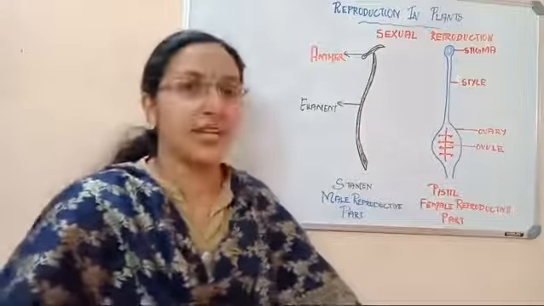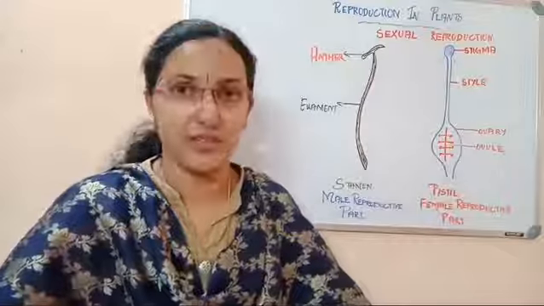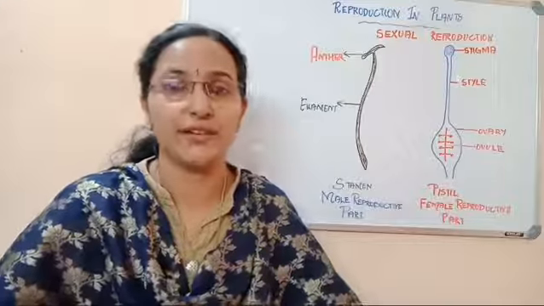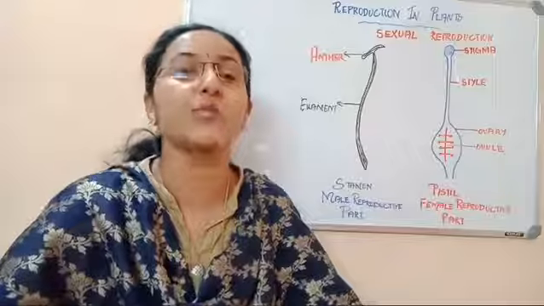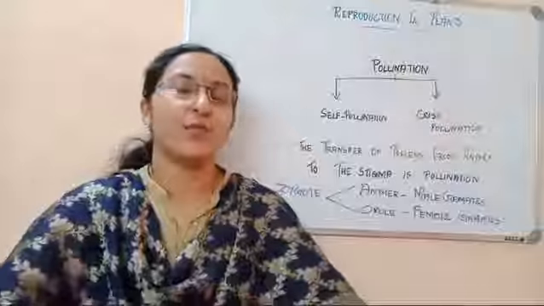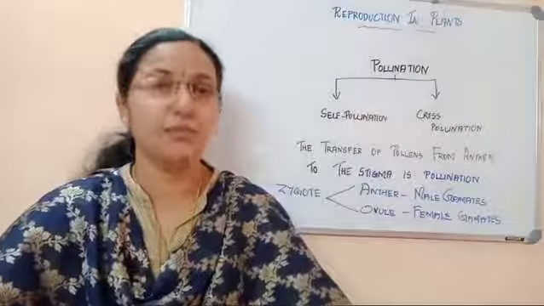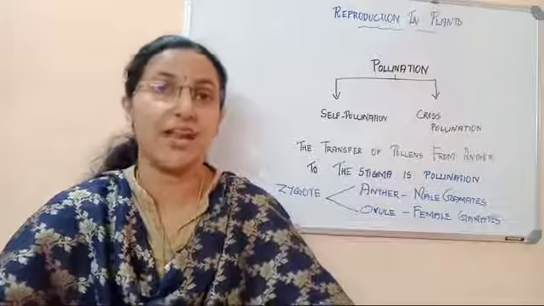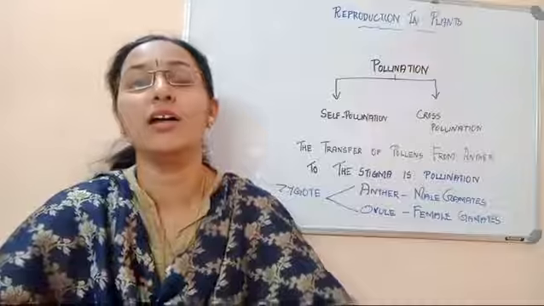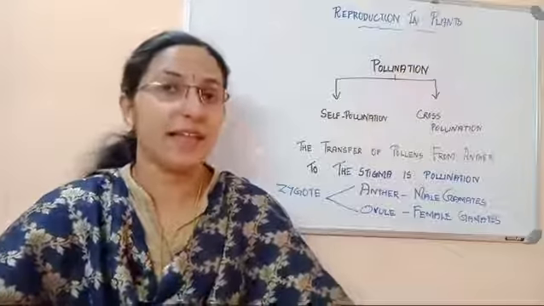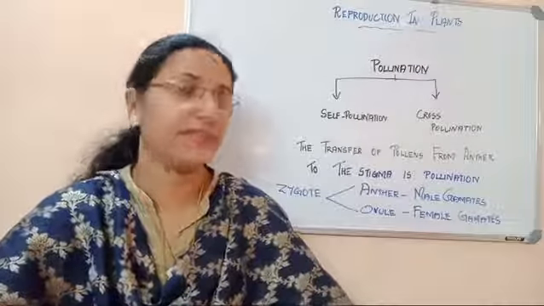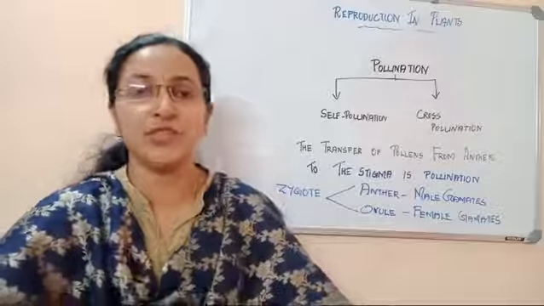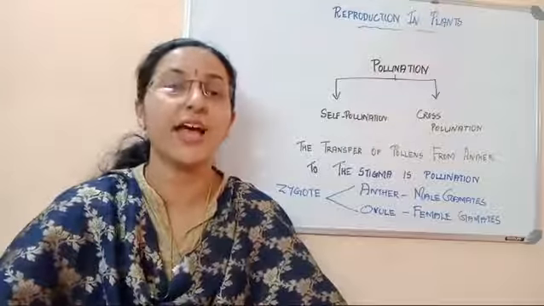The next we can study is pollination: how pollination occurs in plants, and self-pollination and cross-pollination. Before that, we have to understand what is happening inside the anther and inside the stigma. Inside the anther there is pollen, and inside the stigma, style and ovary, there is the ovule.